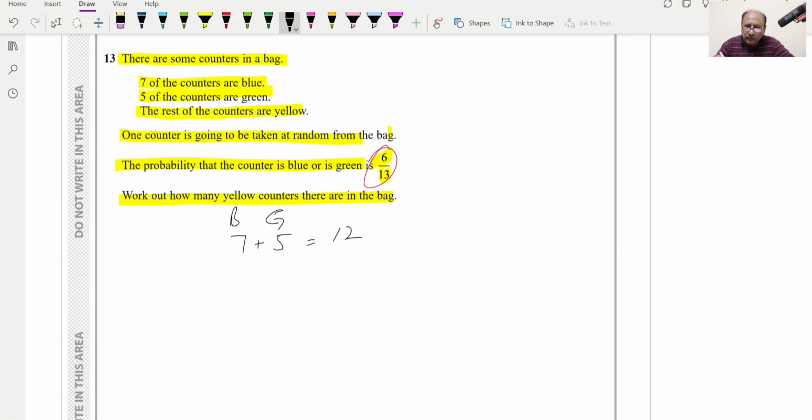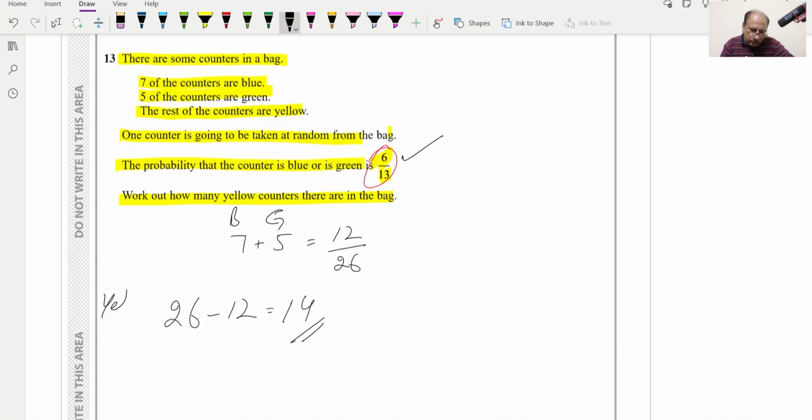By using this one, we can find the total. The total can be 13, or for example 26, or it will be a multiple of 13, or 39. Because this is 12, the denominator can be 26. So we can write it as 12 over 26. And 26 minus 12, the remaining will be 14. So 14 counters will be yellow.